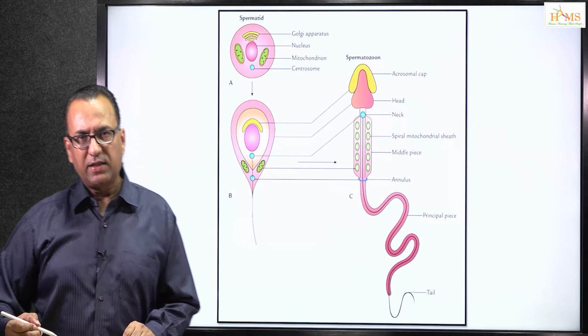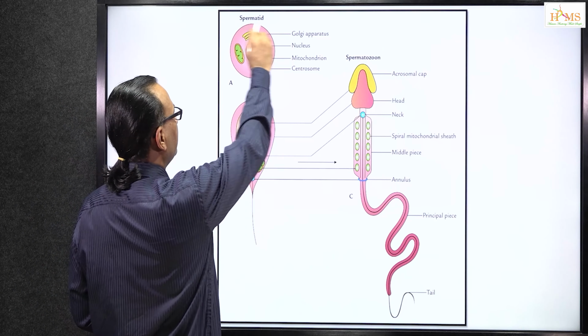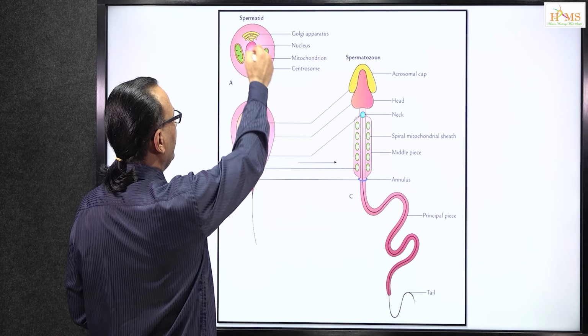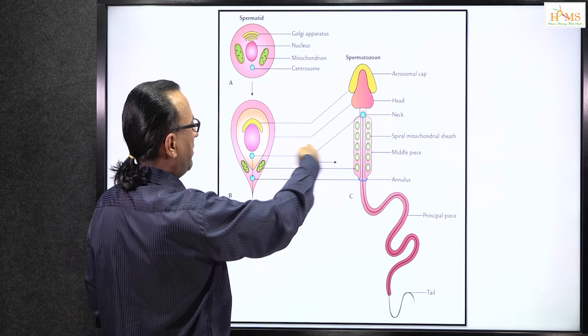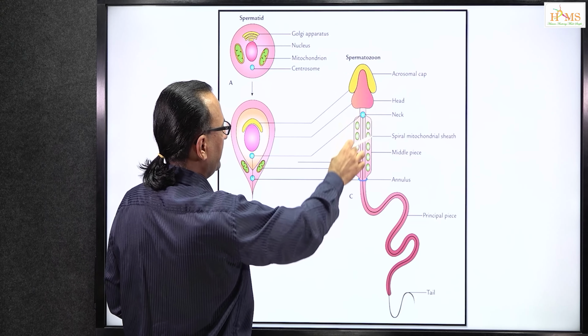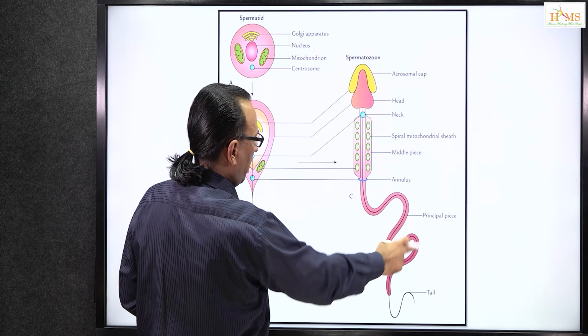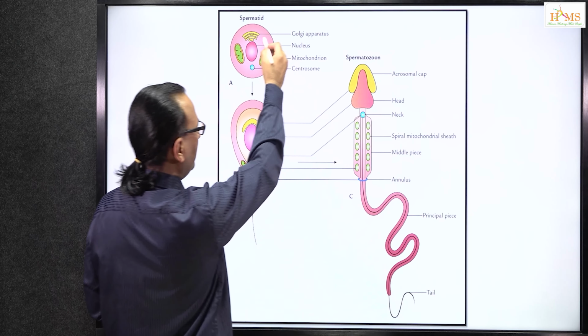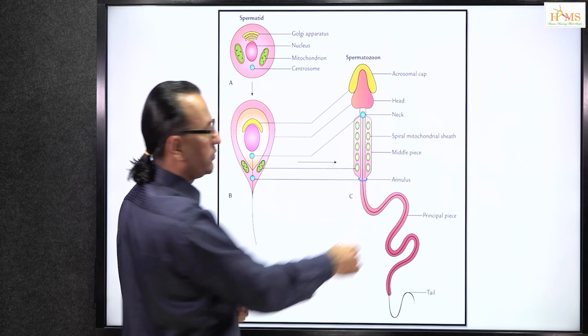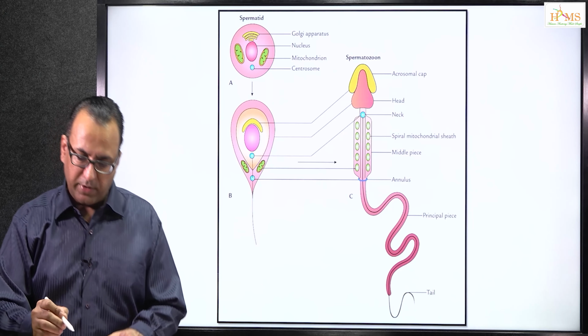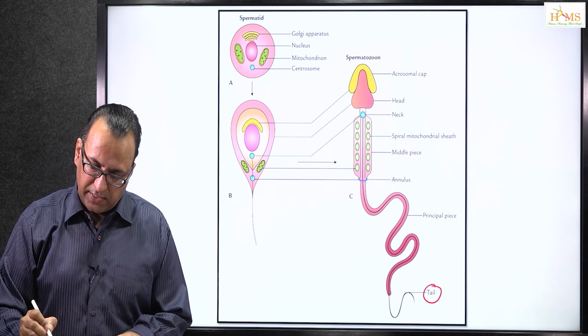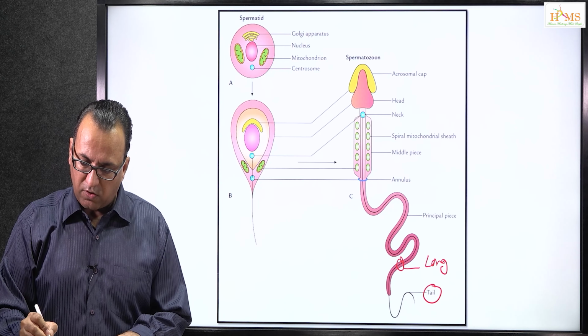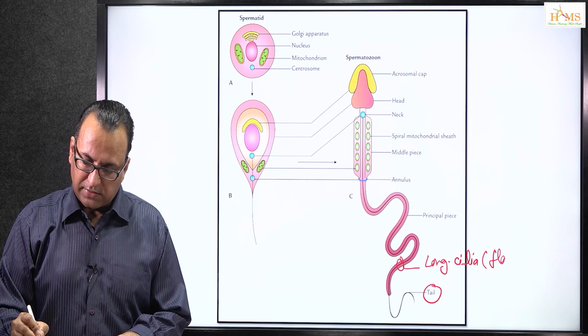As we understand, the spermatid in the beginning is a circular cell, and then it is getting elongated, finally becoming a longitudinal type of cell with a long cilia, which is also called the flagella, and the process of this conversion is called spermiogenesis. If you look at the sperm, it will have this long tail, which is considered a long cilia, or you can call it a flagella.